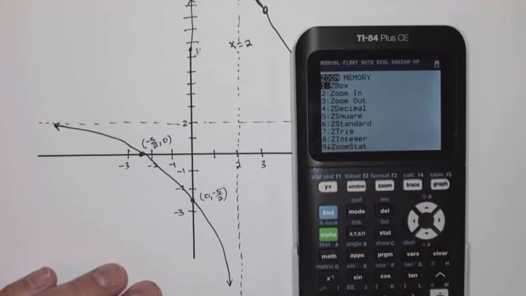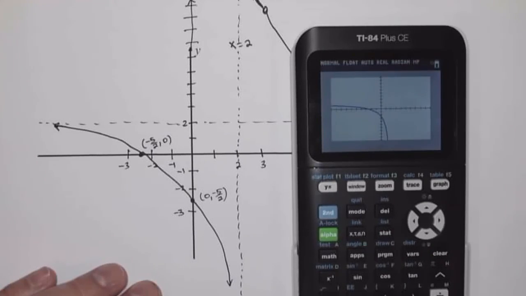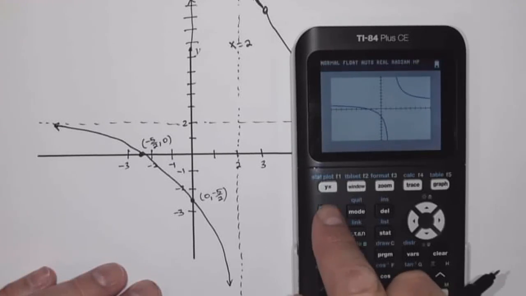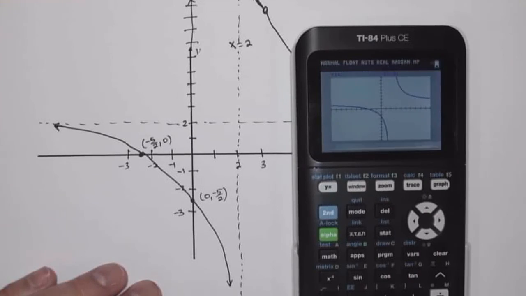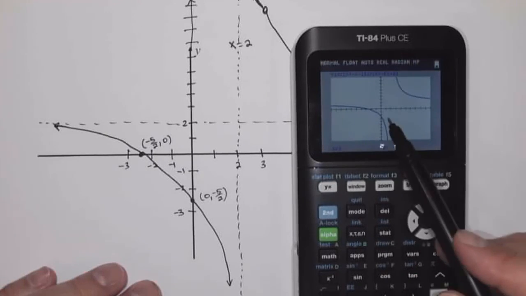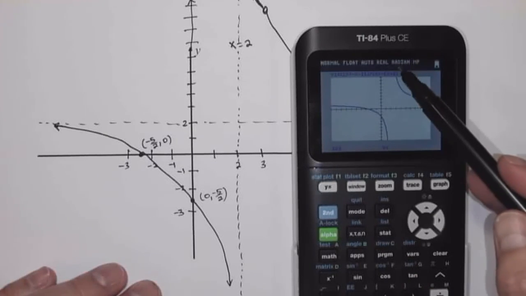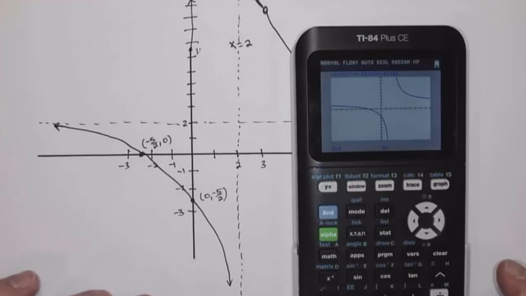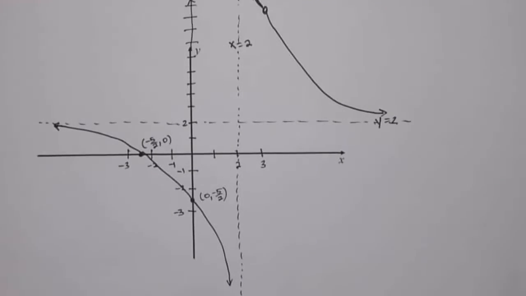And if I do a zoom 6, I get this graph. If I try to plug in 3, so let's do trace, and if I plug in 3, I don't get a y value because I have a hole there. But I can see that I'm getting asymptotic to the line y equals 2, and I'm getting asymptotic to the line x equals 2. So here is our graph.